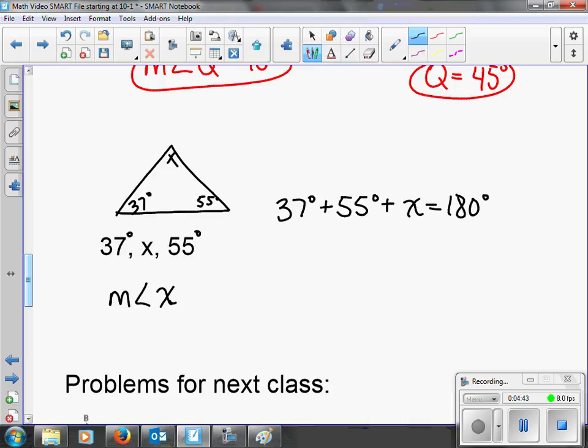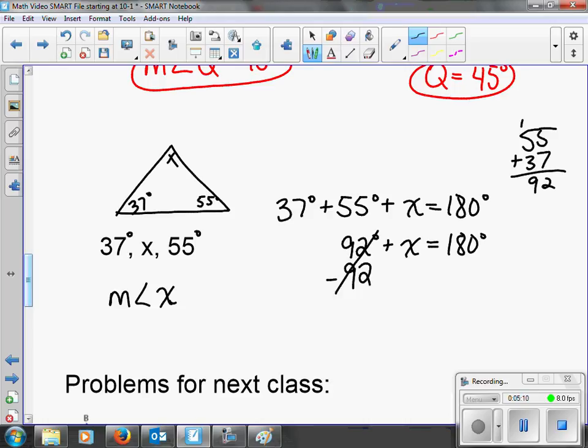Okay, so you still add up those two measurements that you're given. 55 plus 37 equals 92. 92 degrees plus X equals 180 degrees. And then we'll subtract 92 on both sides. Subtract 92 on both sides.